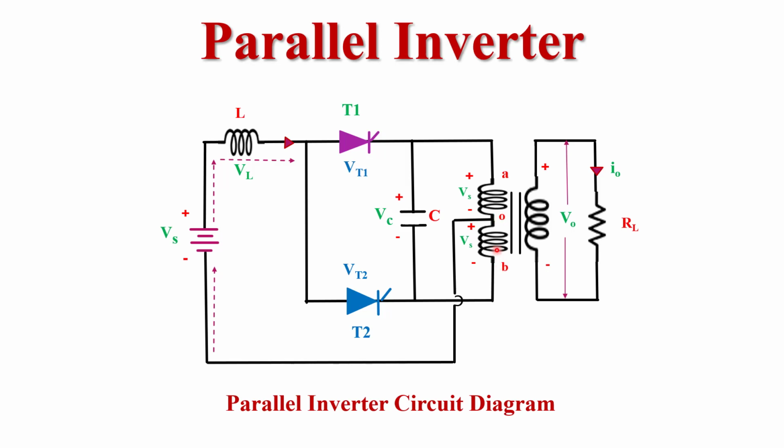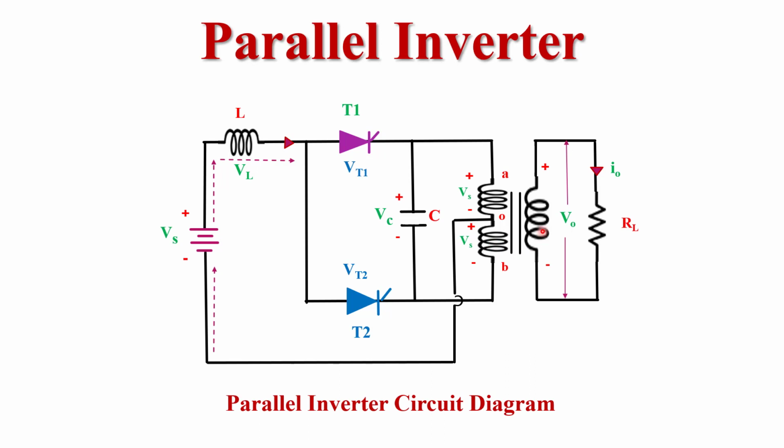Now, we know that a transformer works on the principle of mutual inductance. When voltage and current flow in the primary winding, magnetic flux is generated. Equal magnetic flux is generated in the upper part of the primary winding, in the lower part of the primary winding, and also in the secondary winding.